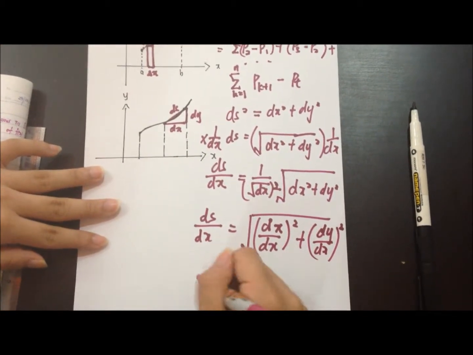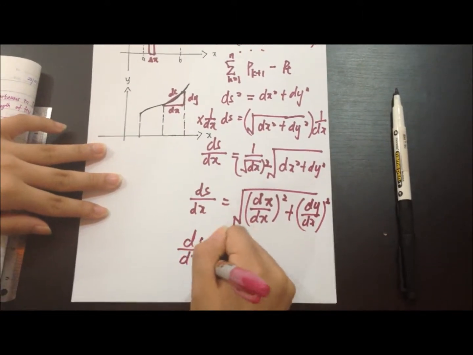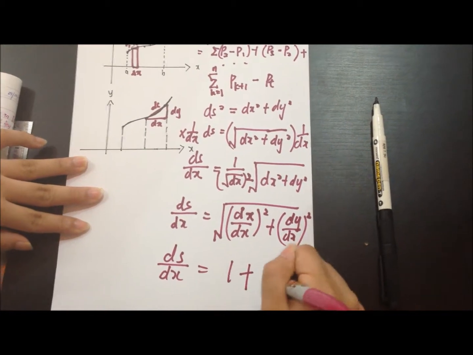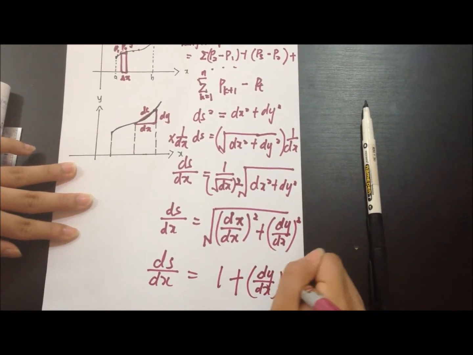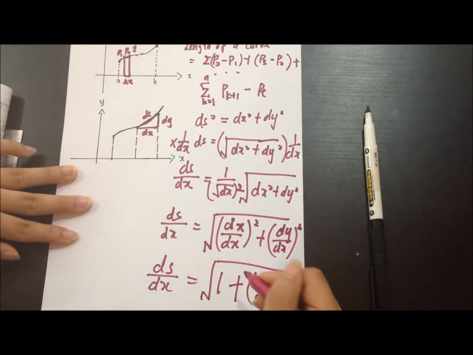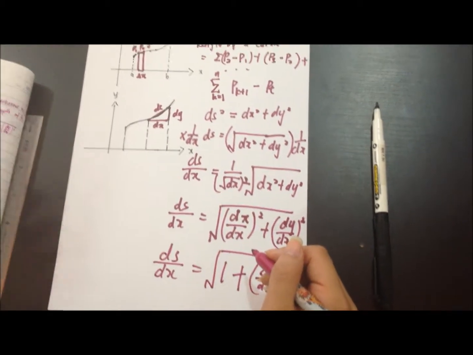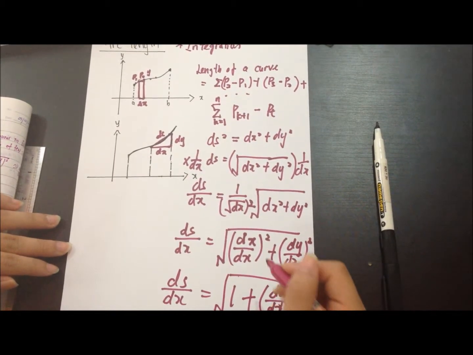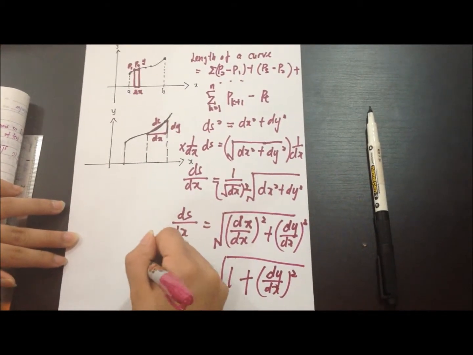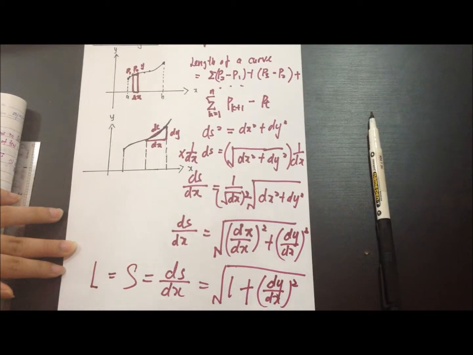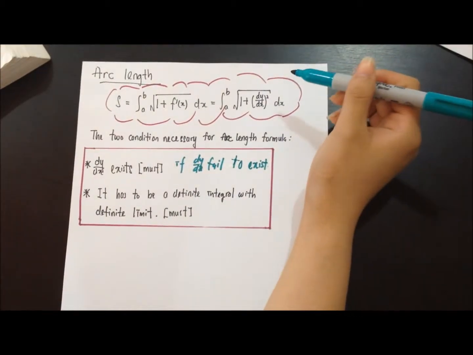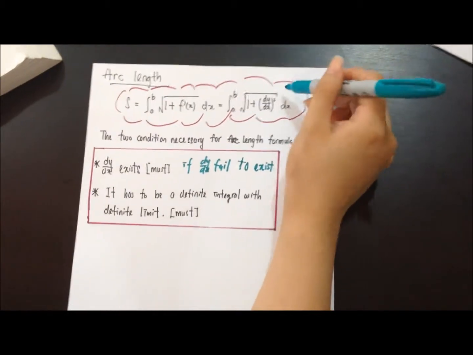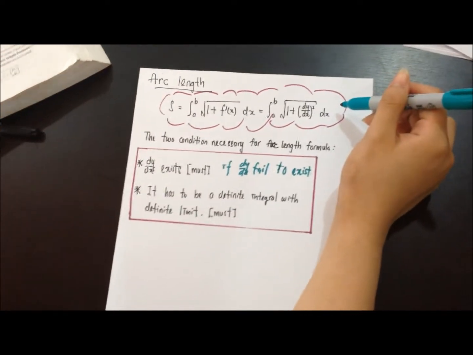So the formula after that will become the square root of 1 plus dy over dx squared. In the arc length formula, we will use x to replace it, or L. Just now we proved the formula, but now we changed it into the integration form.